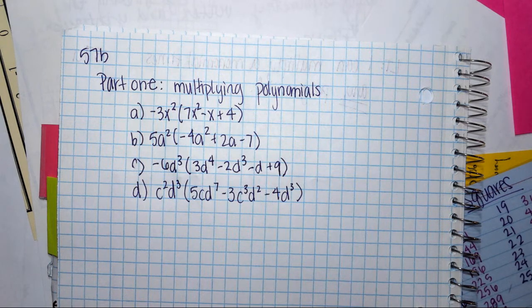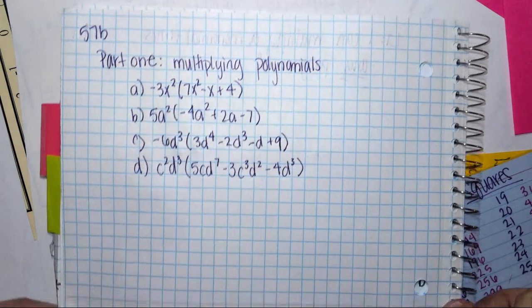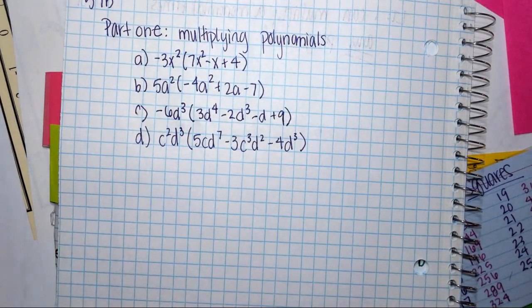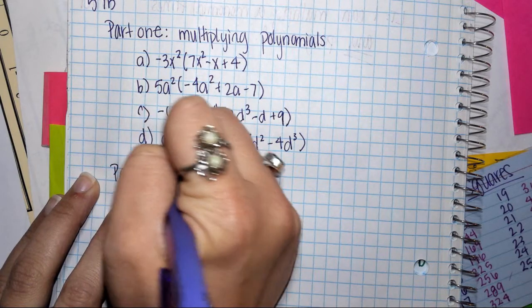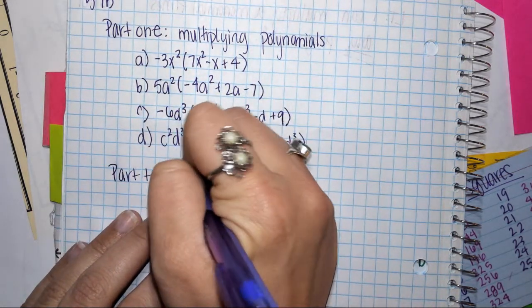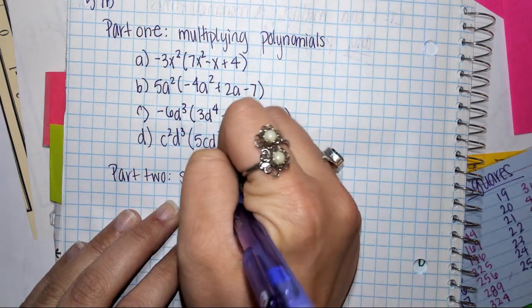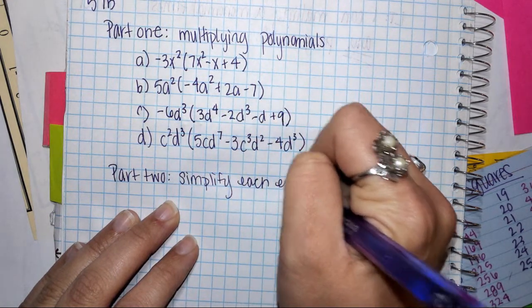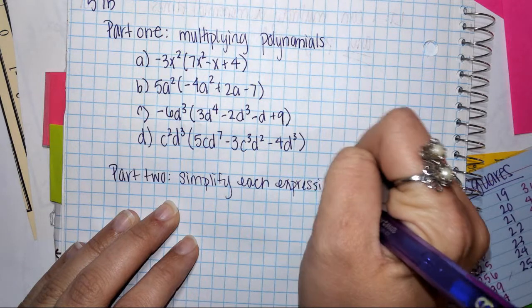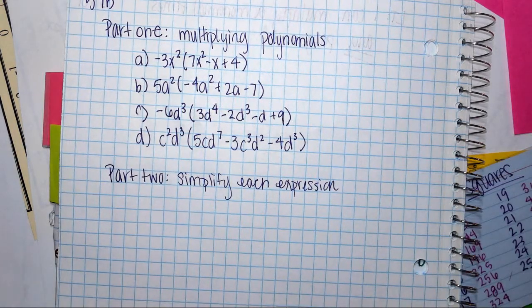And then part 2 is where we're going to combine our multiplying with adding and subtracting. And I'm going to write down 5 of them, and I'm going to do one with you, and then you're going to do the other 4 without me, just like you have up here.